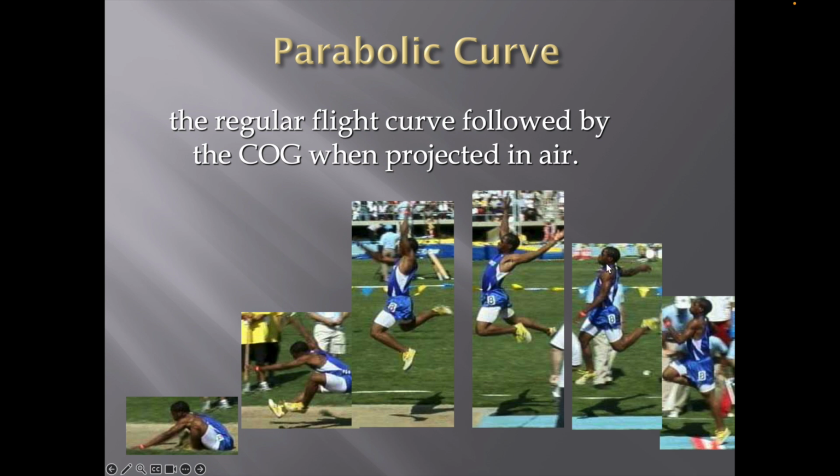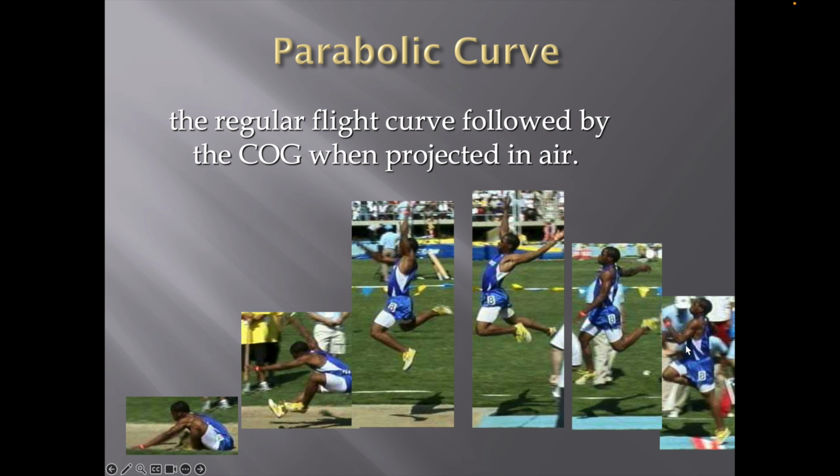Now, when an object or a person launches himself or herself in the air, or that object travels in the air, the path of the center of mass, or the center of gravity, in the air follows what's considered a parabolic curve, otherwise known as a parabola. Roughly, where my pointer is right now is the center of mass, or center of gravity, for this particular long jumper.